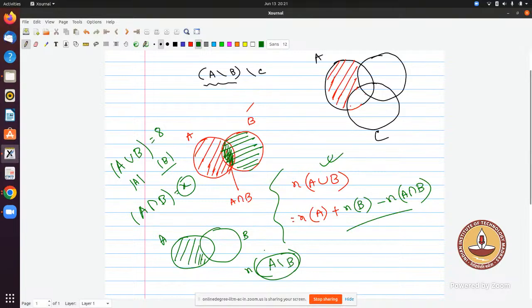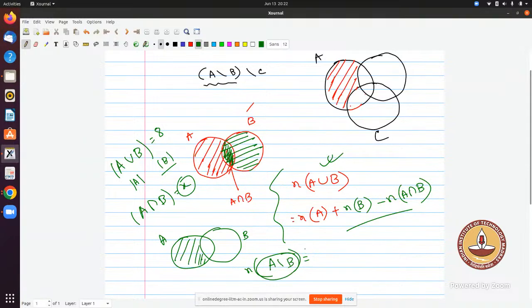Yes, sir, we can do that. It would be the cardinality of A minus the cardinality of B plus the cardinality of A intersection B. Right.